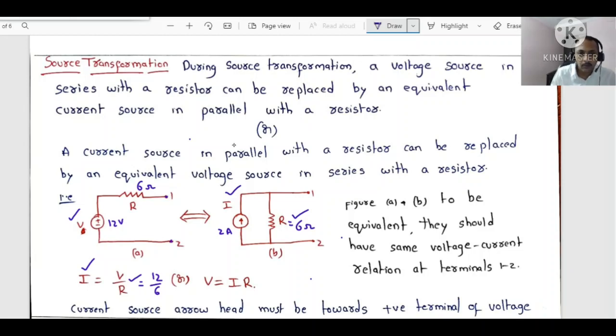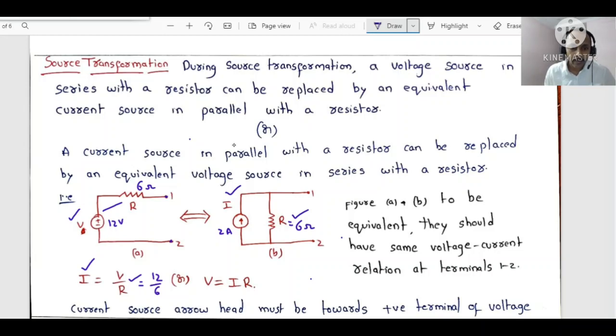Similarly, the reverse is also possible. For example, somewhere in a problem, if there is a current source in parallel with a resistor, you can transform it to a voltage source in series with a resistor like this. While doing the transformation, what should be the value of voltage?